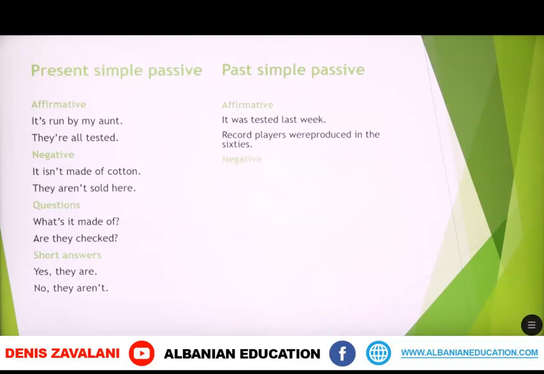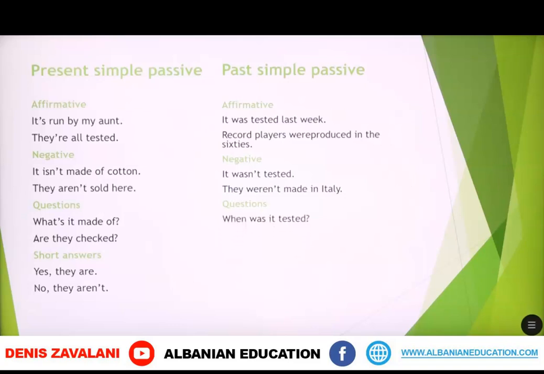Let's continue with the negative form. It wasn't tested. So from "it isn't", we change it to "it wasn't". We change the auxiliary verb into the past tense. They weren't made in Italy. Let's continue with questions or the interrogative form.